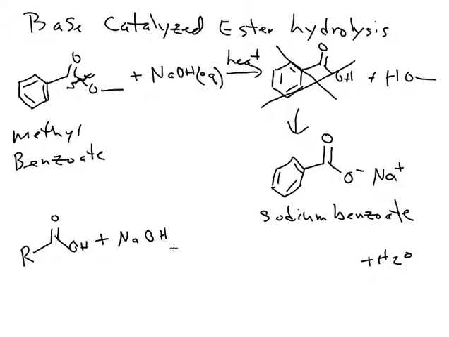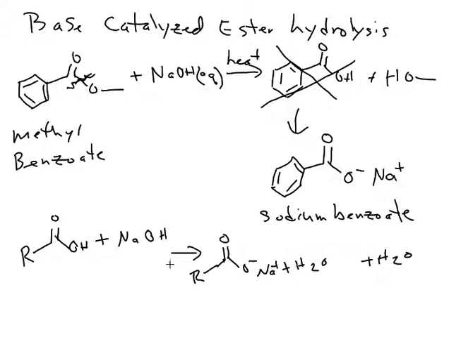And what will happen is that the carboxylic acid will lose its H and form water. And we will form a carboxylate ion that will be balanced out by a sodium ion.